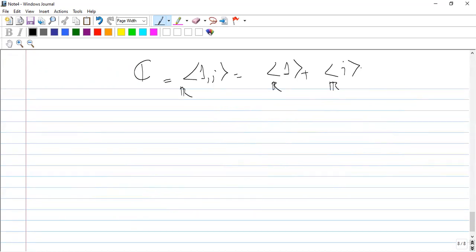It is a cyclic module generated by iota. It will generate the imaginary part, and after taking the sum of the real part and the imaginary part, you will get the whole complex number. So that's why this finitely generated module could be written as a sum of cyclic modules.